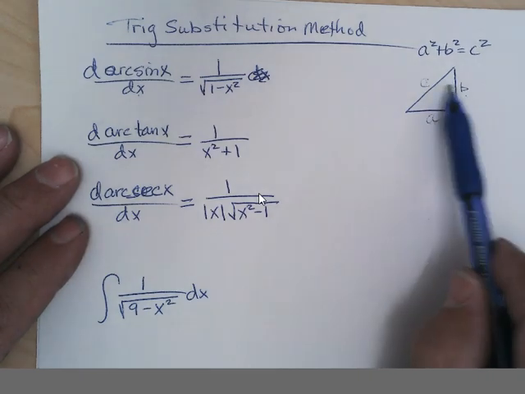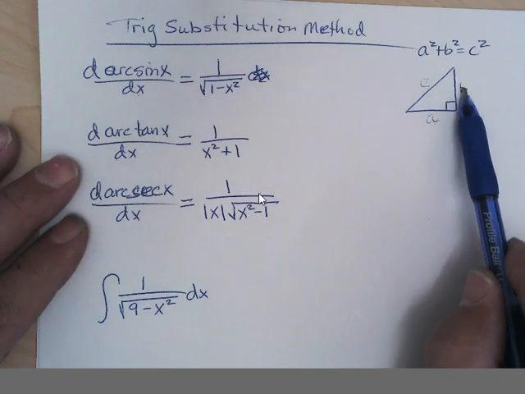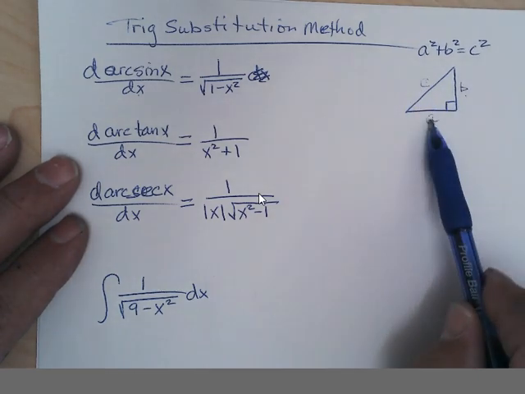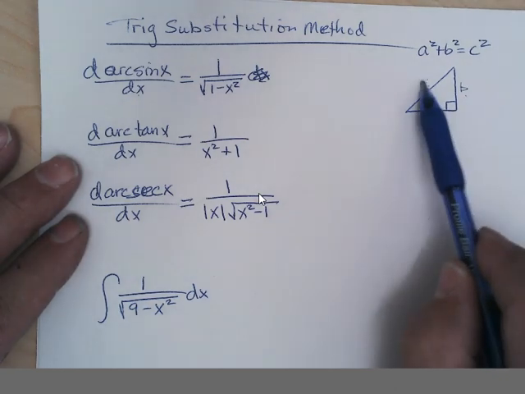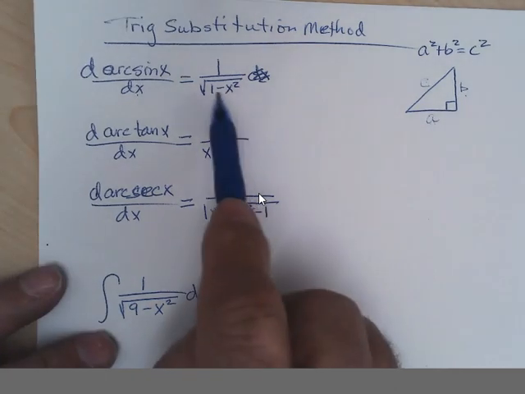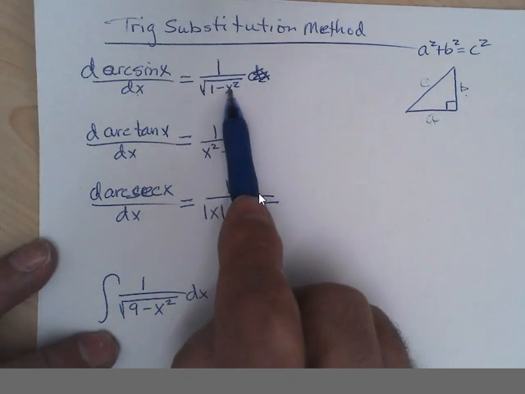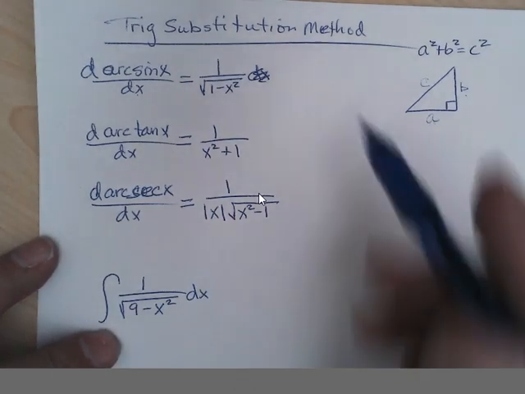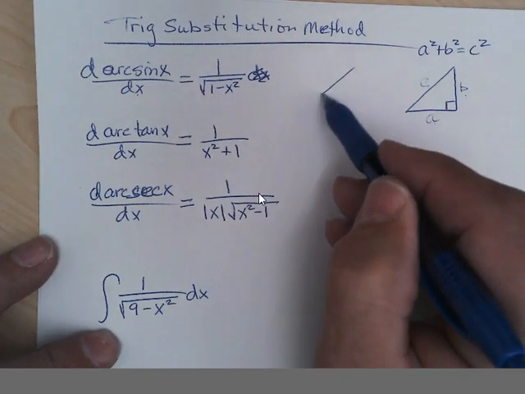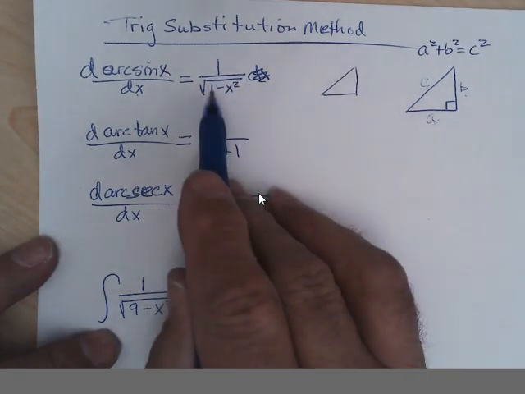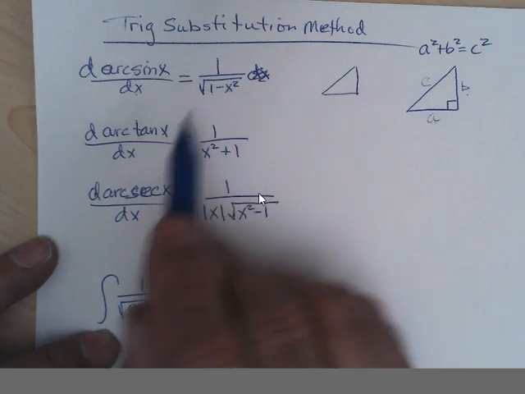So one of these we get plus, and the others we get subtraction: b squared is c squared minus a squared to get this one, or a squared is c squared minus b squared to get that one. We have 1 minus x squared. How would I make a triangle that would get a 1 minus x squared?